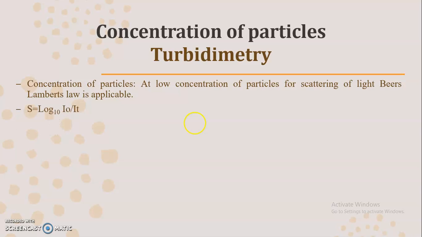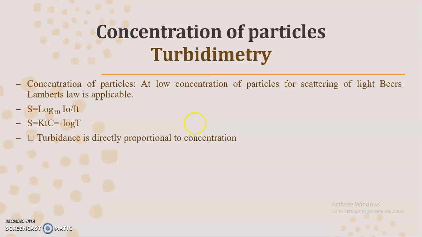Here you can consider S = log I0/IT to the base 10, which can be simplified as S = KTC = -log T. So this is the simple equation which follows the Beer-Lambert law.